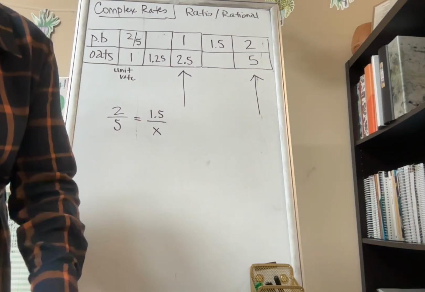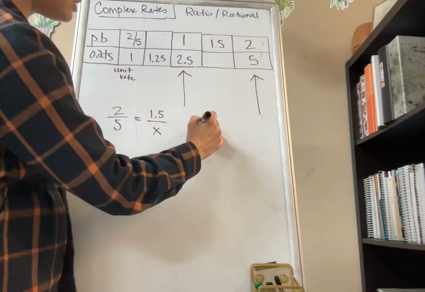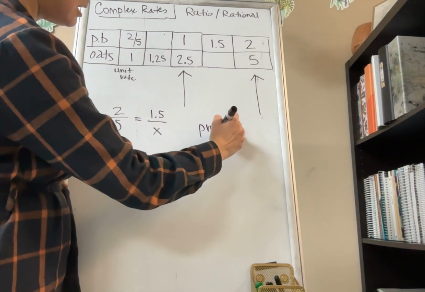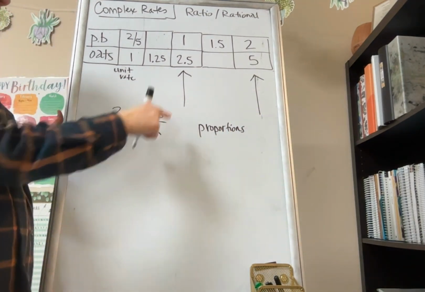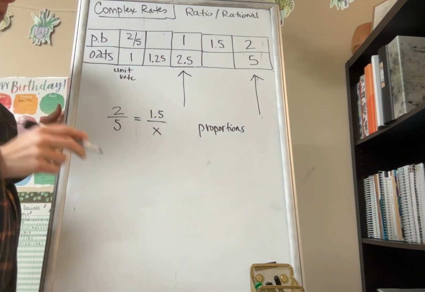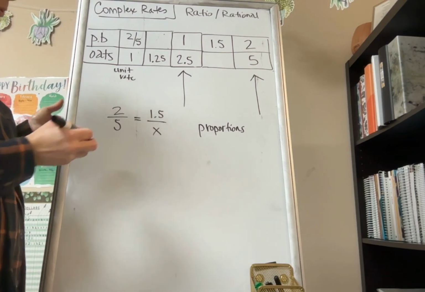This is probably not introduced until the next lesson, but we're going to get a lesson ahead because using proportions makes it super easy to solve these kinds of problems. The way I solve a proportion is through cross products.